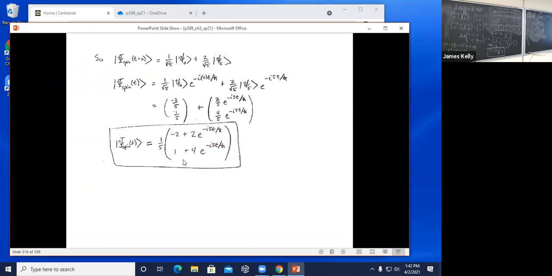So every once in a while, the first element is going to be maximal, and that means you're most likely, if you measure the spin then, to get a spin up, when the z spin angular momentum, you're most likely to find plus h bar over 2. But as time goes on, this number is getting bigger and smaller in magnitude, and so is this one, and the sum of the squares always adds to 1.